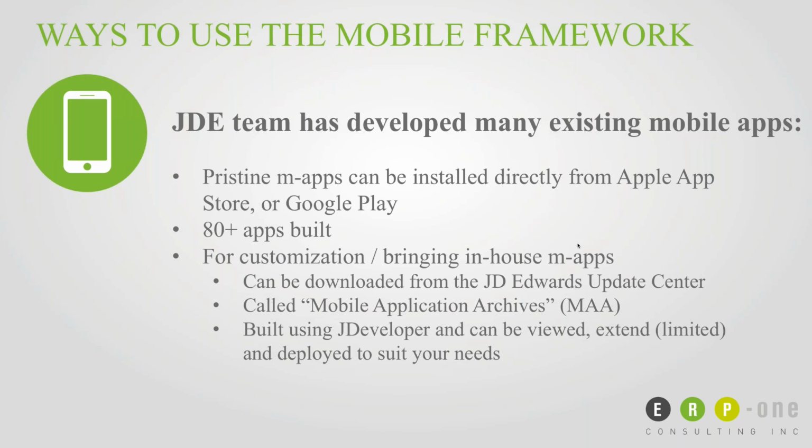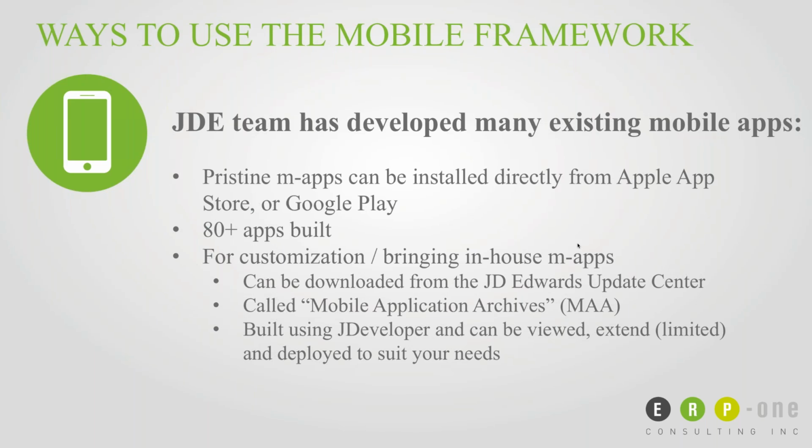So they tend to slice up apps into very small functions because really you've got limited real estate on most devices that are running mobile technology. So subsequently, they try to break up what you do into smaller screens that fit that real estate a little more effectively. So the 80 plus apps that Oracle has built so far in the JD Edwards team are the most common apps that you would typically expect you would want when you're out and mobile.